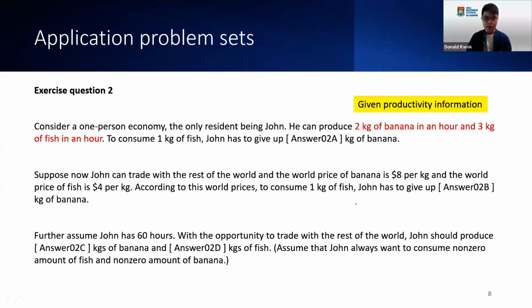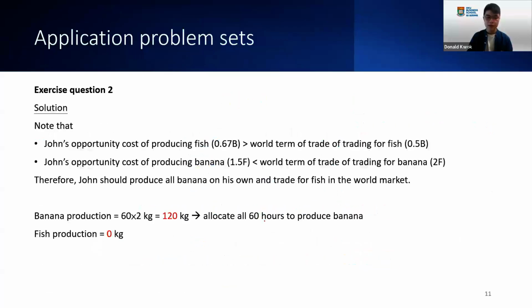And finally, to find out the production of John, if he has 60 hours and he's allowed to trade with others in the world, we are going to compare his opportunity cost of production with the world term of trade again. So this time, John also has a lower opportunity cost of producing banana compared with the world term of trade. 1.5F is smaller than 2F.